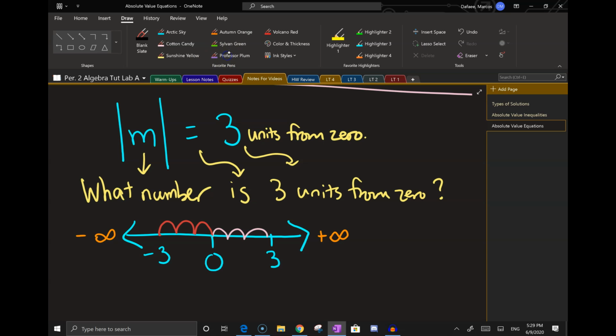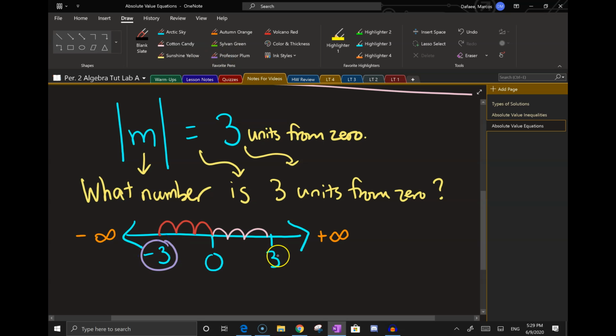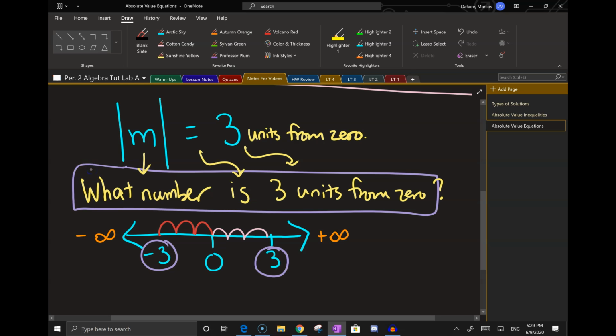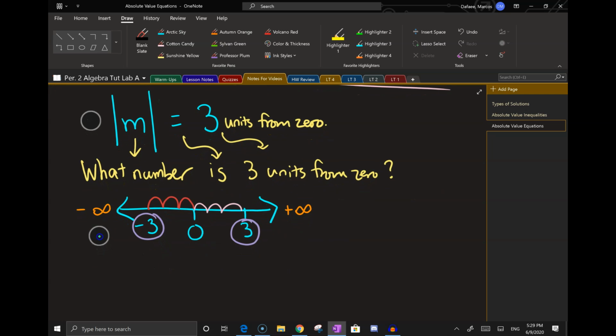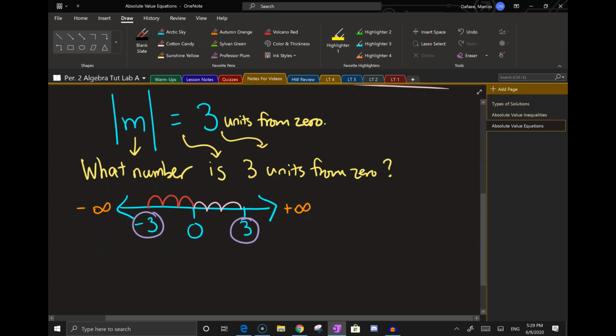Now, we have two answers here, right? We have a negative 3 and a positive 3, both of which answer the question, what is 3 units from 0? And so when we write the answer to this, we have to be sure to express both numbers as the correct answer. So I'm going to write m could be either negative 3 or positive 3.